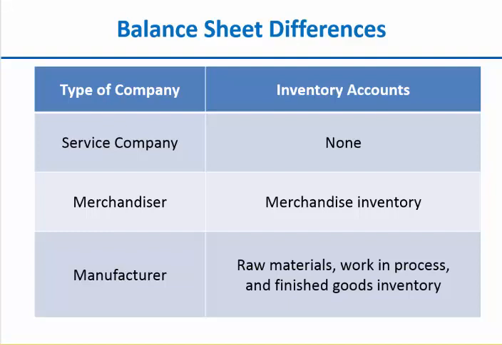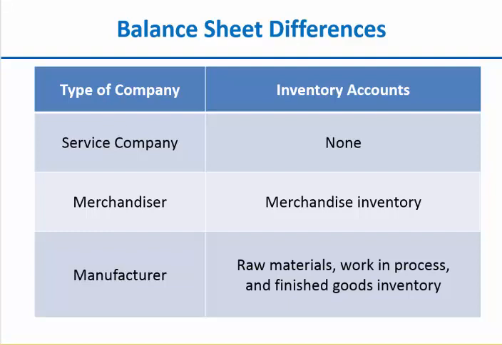If you review the prior slides, the service companies normally don't have CGS, and the merchandising and manufacturing companies do have CGS. The way to find CGS is different. For the merchandising companies it's very simple, but for the manufacturing companies it's much harder. So that's about the income statement.